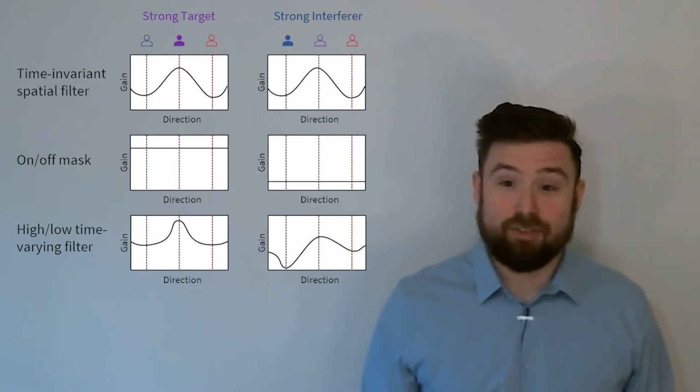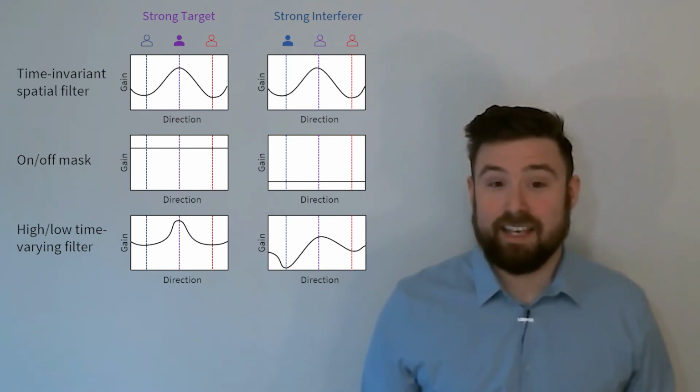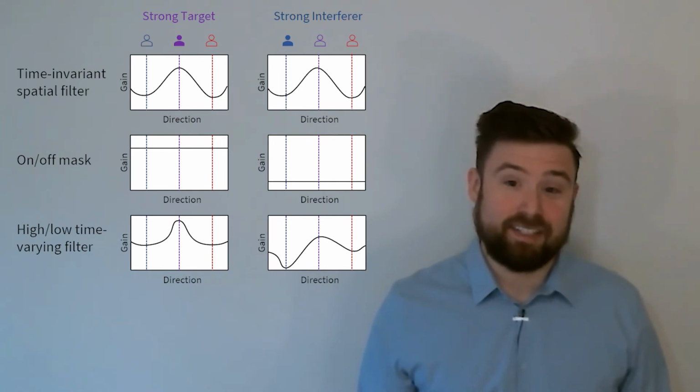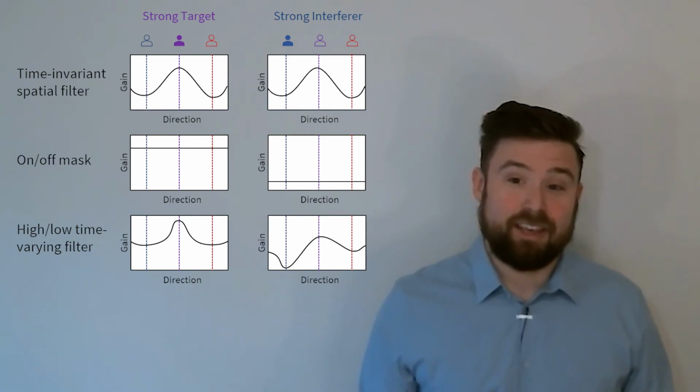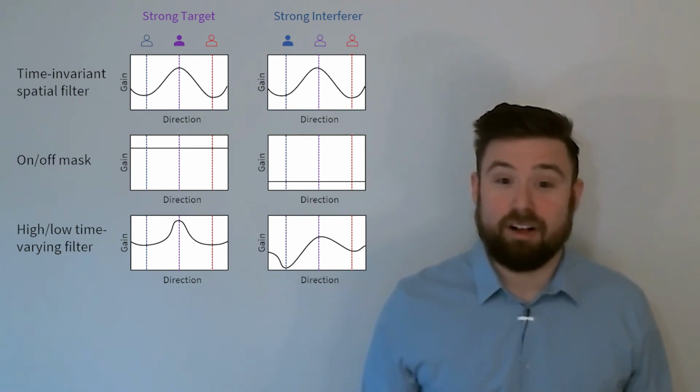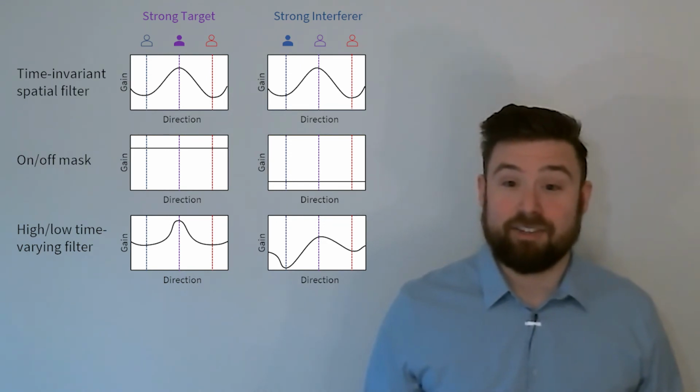A mask will ignore all but the strongest source, either amplifying it if it's the target or attenuating everything if it isn't, while ignoring all the inactive sources. A time-varying filter using the high-low model also adapts based on the strongest source, but it does its best to preserve the target and attenuate all the interferers, even if they aren't the strongest source at the moment.